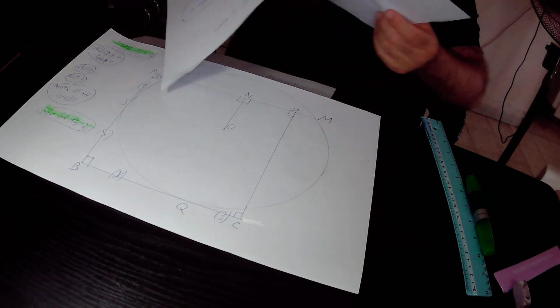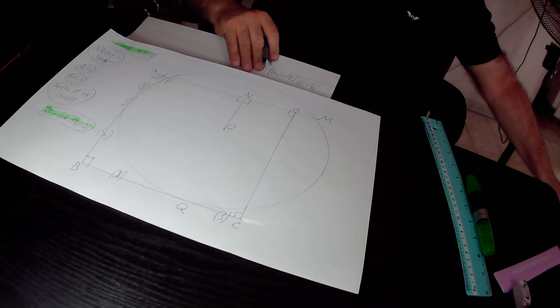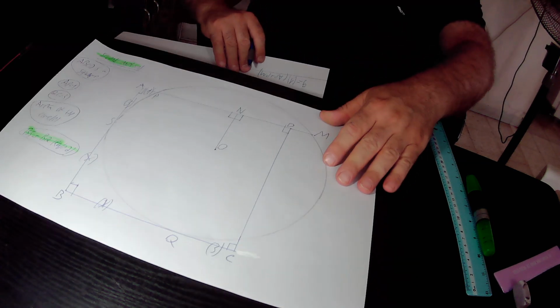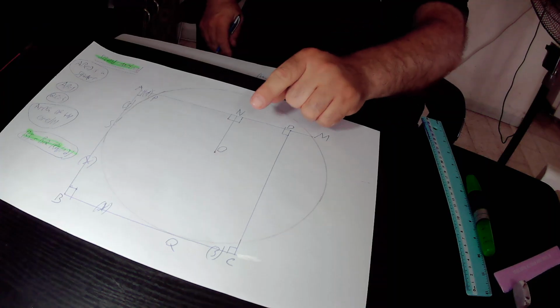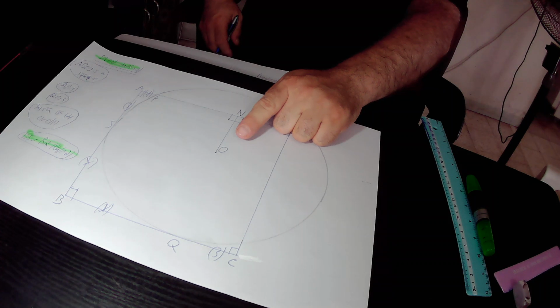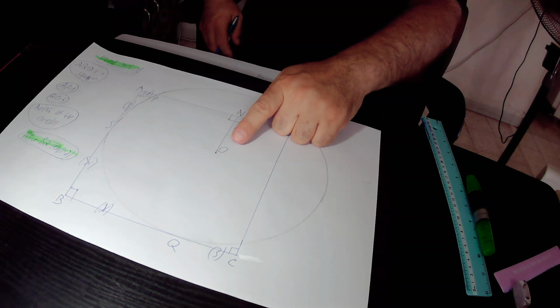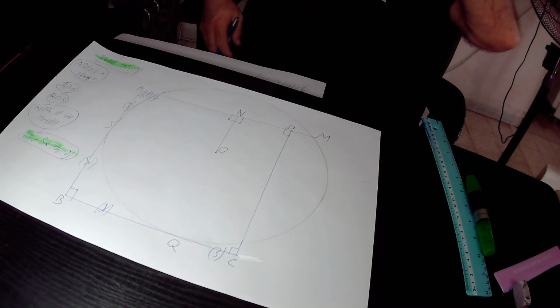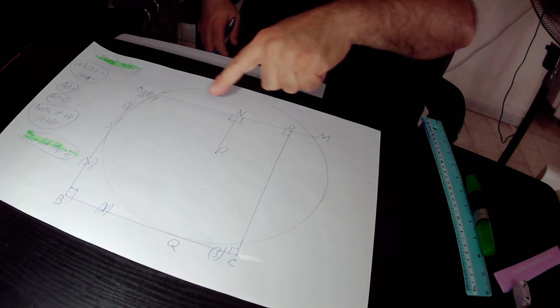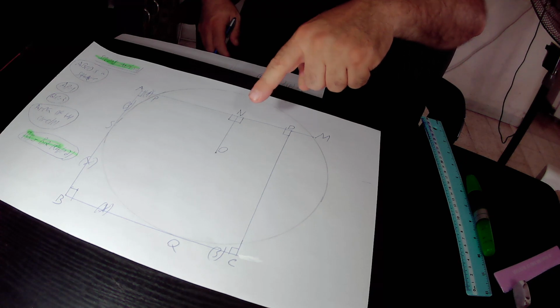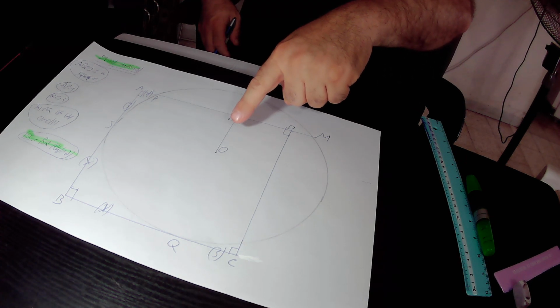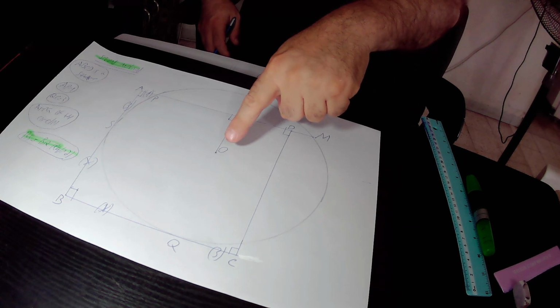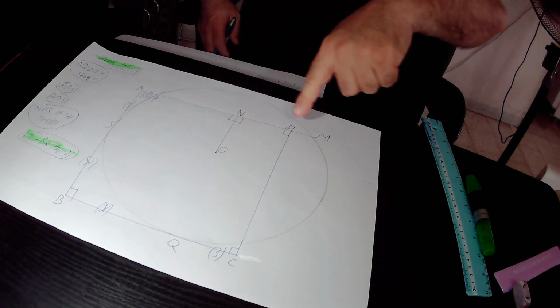Because in our drawing, from the center of the circle, that is to say from this point O, we have perpendicular ON on chord PM.